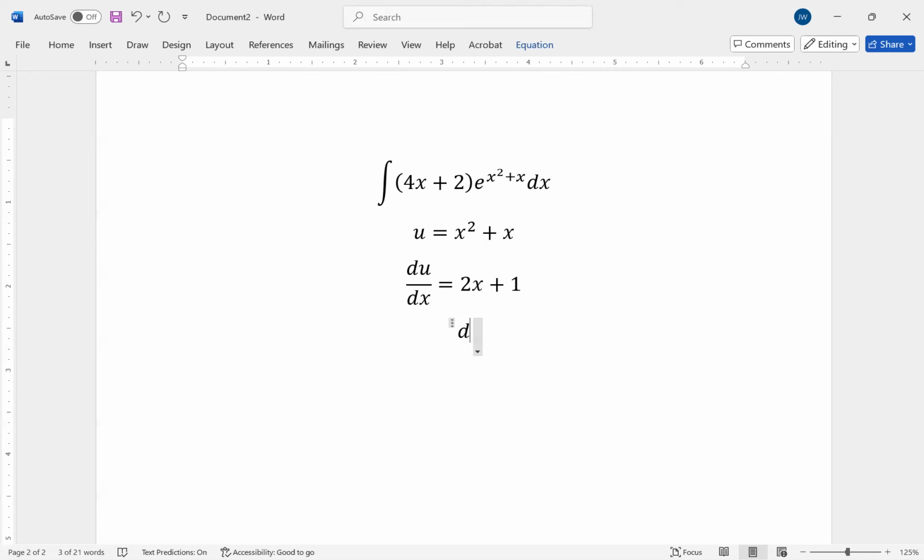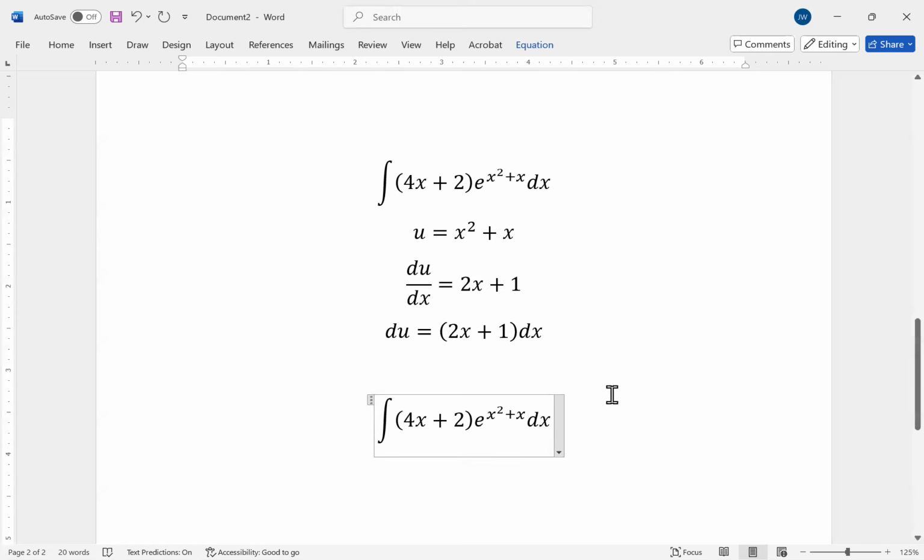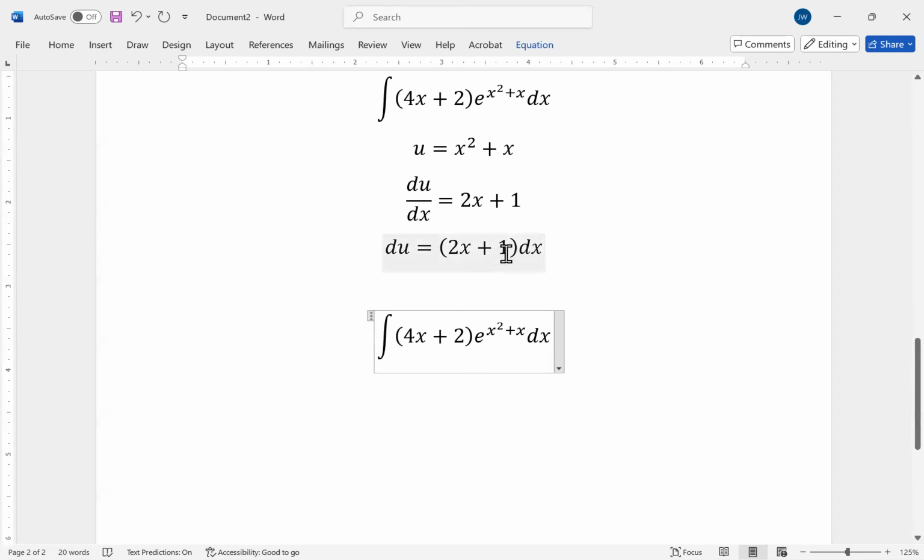So my differential exchange is going to be that I can replace a 2x plus 1 times dx with a du. In this situation, I would probably do the factoring instead of a division, just because the 2x plus 1, I don't really want to divide and cancel out.